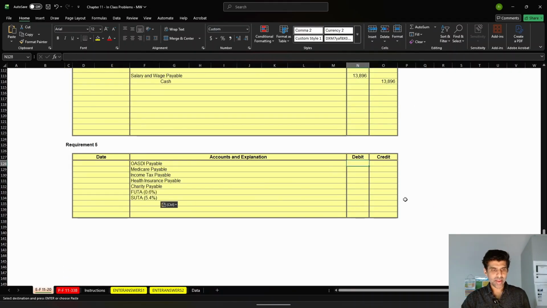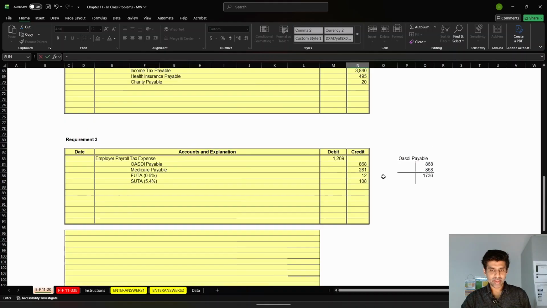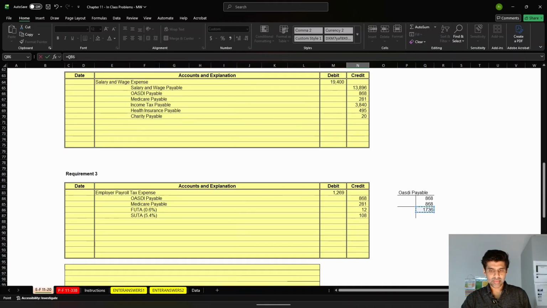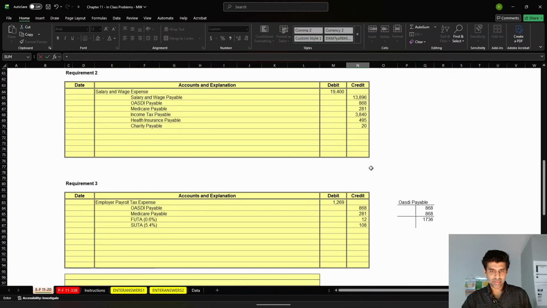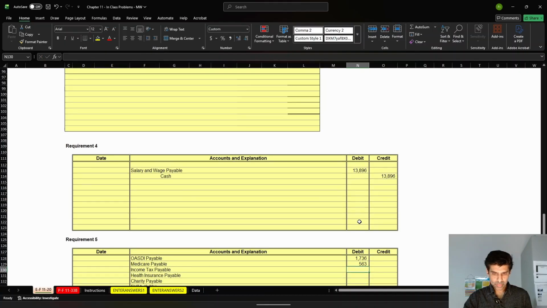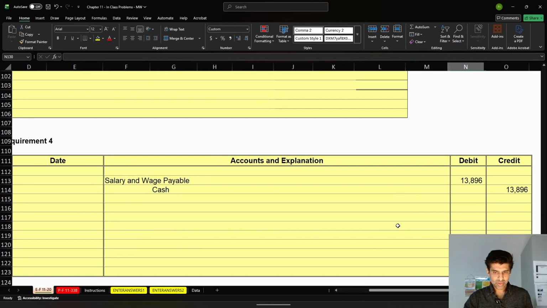And then the amounts, again, OASDI is going to be this, which is 2 times 868. Medicare is going to be this 281. I'm just going to do times 2. You can see again, it's matched here for the employee payroll. So I have these two.